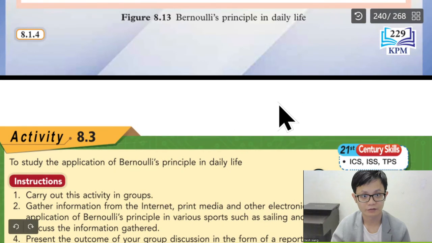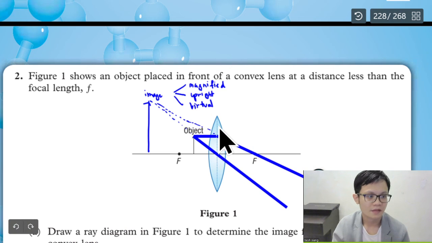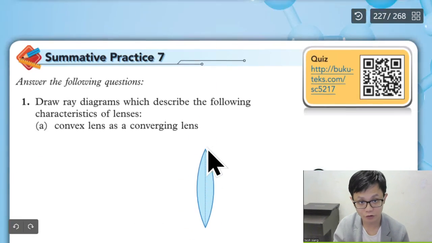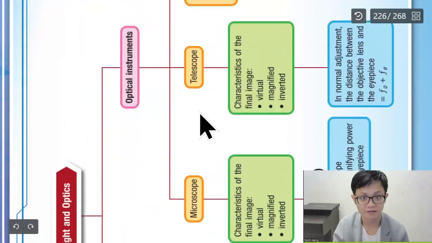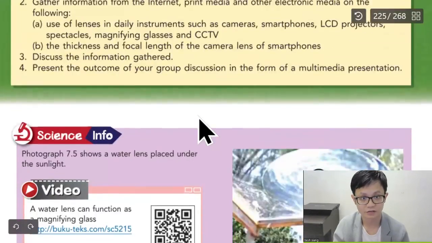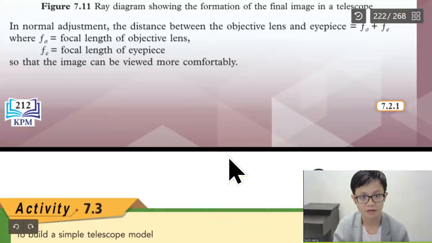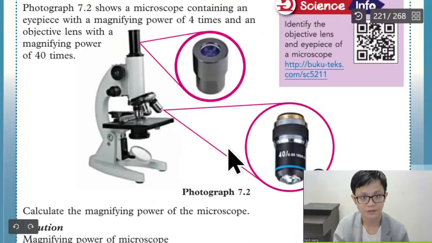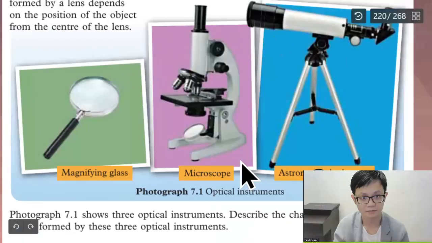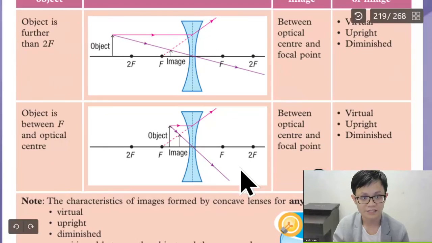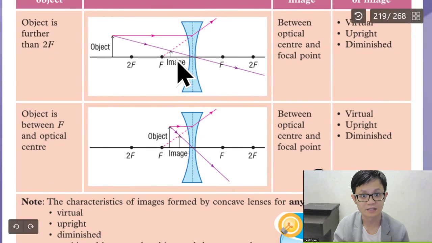Okay, where was I? Yeah, so we look here. If the object is between F and the lens, usually the image is behind. Let's read the notes to see whether it is true or not. So the question just now is similar to this.